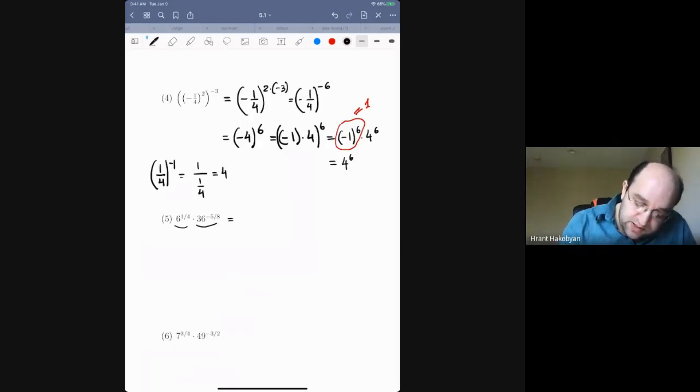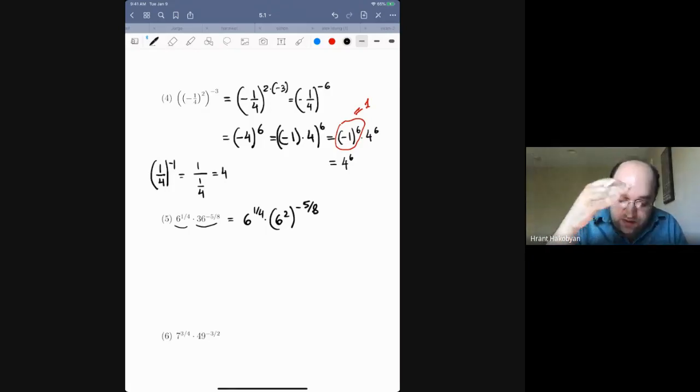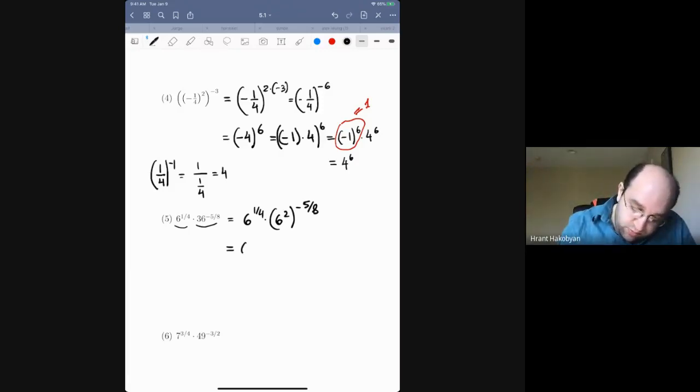So if I write 6 to power 1/4, then instead of 36, I'm going to write 6 squared and then raise that to this power negative 5 over 8. That's the only thing I'm doing here, just writing 36 as 6 squared. I keep the 6 to power 1/4 as it is, and multiply 6 squared to power negative 5/8.